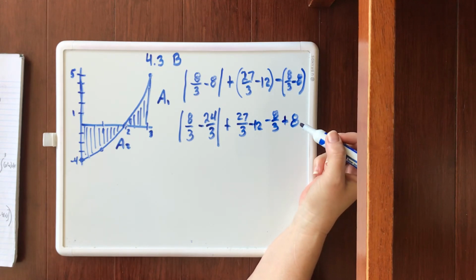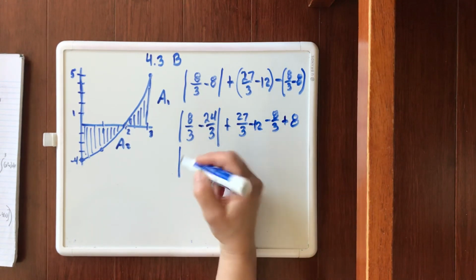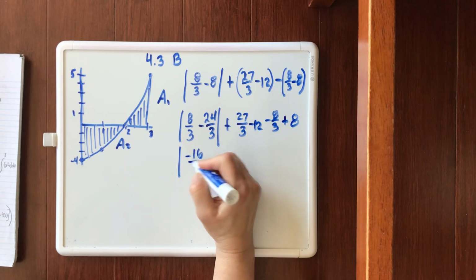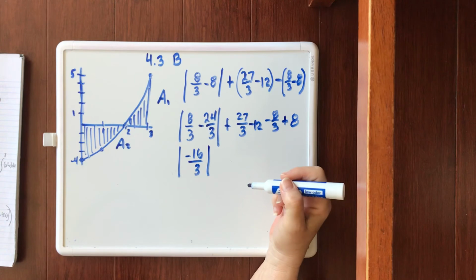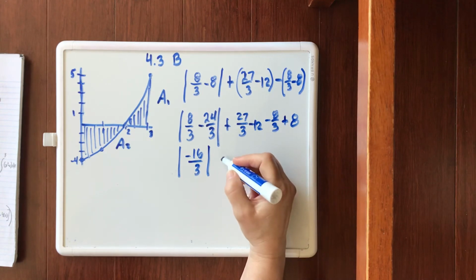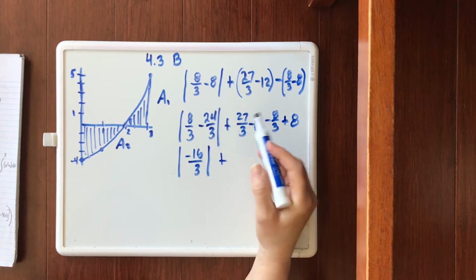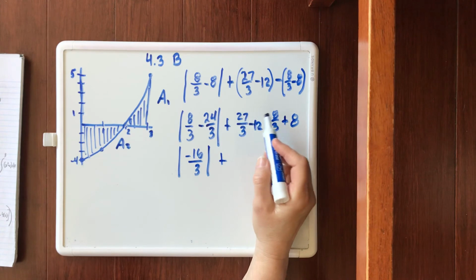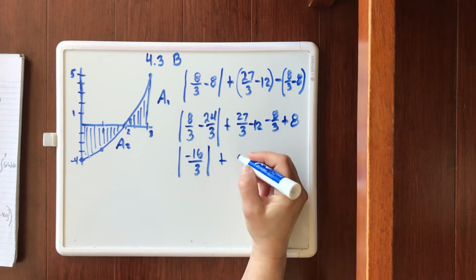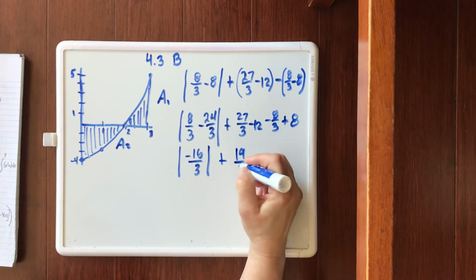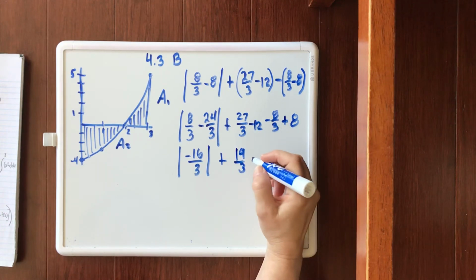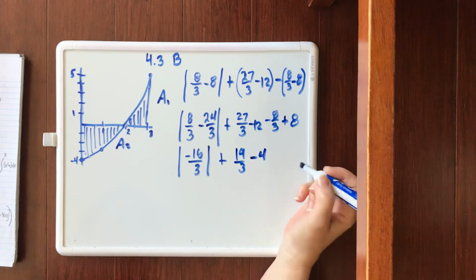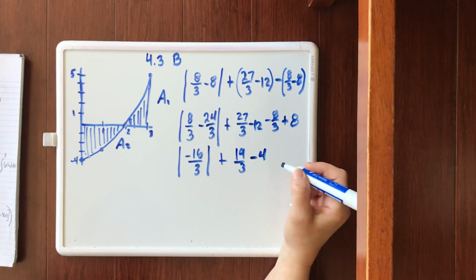Okay. Now within here, we have a -16/3, which is what we expected, a negative number. That's why we needed our absolute value sign. Plus 27 minus 8 is going to be 19/3. All right. -12 plus 8 is -4. And again, we can think of this differently too.